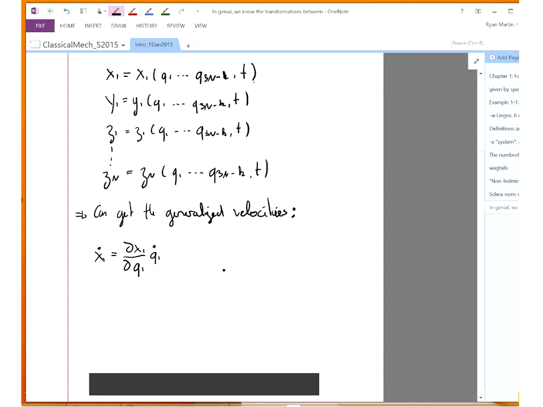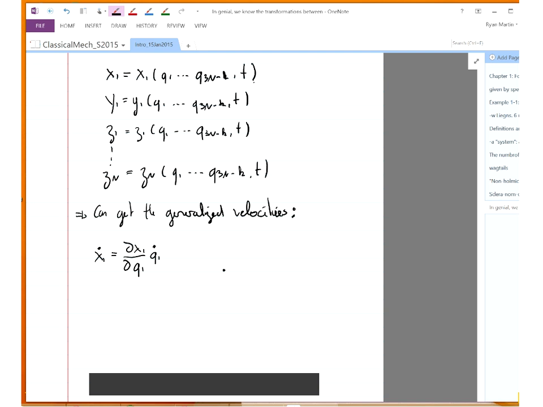That's going to be the sum over all of the generalized coordinates. I don't know if this is common, but I had questions last semester. So if it's a partial derivative, I'm going to say di x1 by di q1. If I say di, I mean partial derivative. If I say dx by dq, I mean total derivative. So every time I say di, I mean partial.